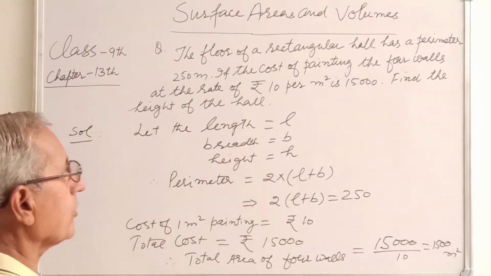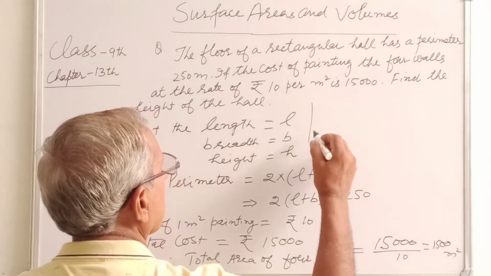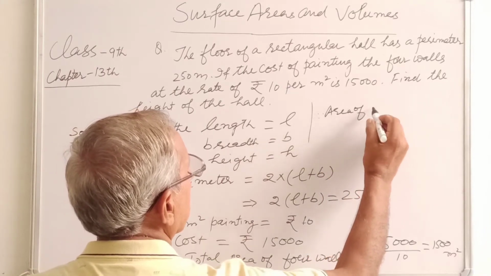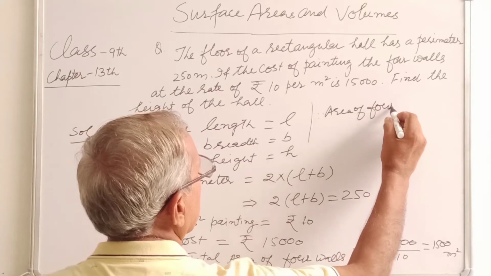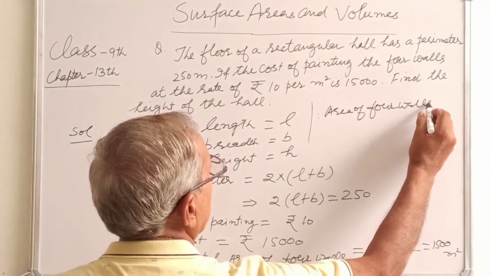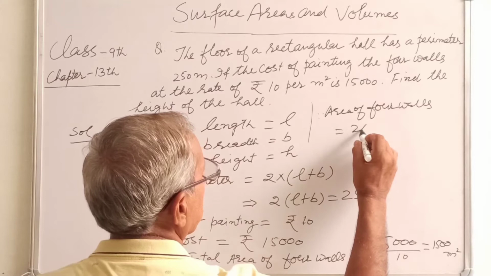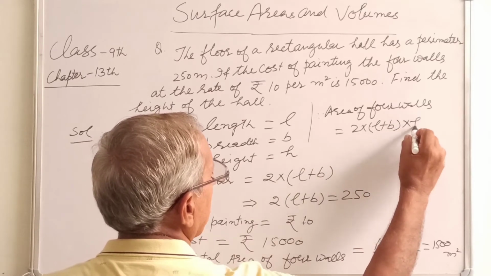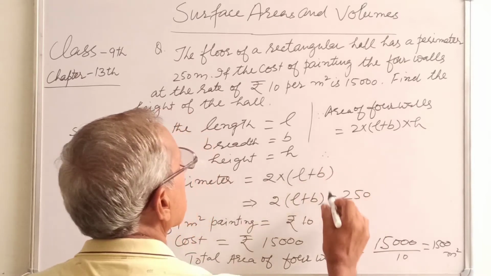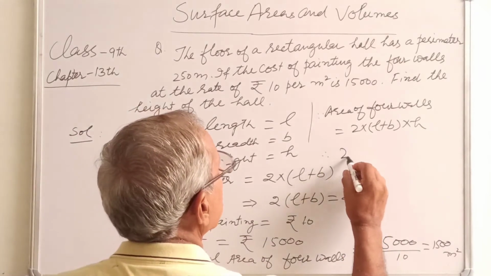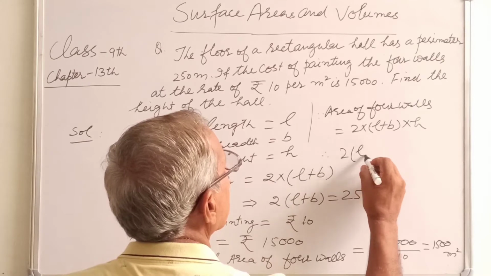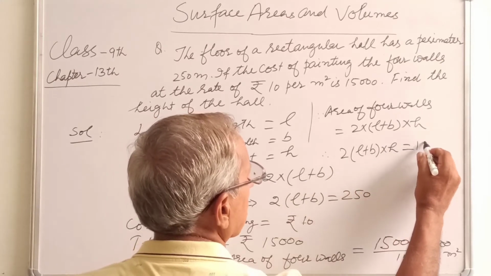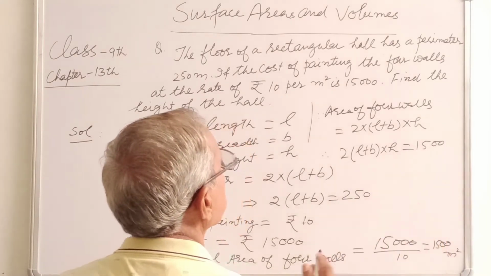Now the formula for the area of four walls is 2 into (L plus B) multiplied by H. Therefore, 2 into (L plus B) into H will be equal to 1500.